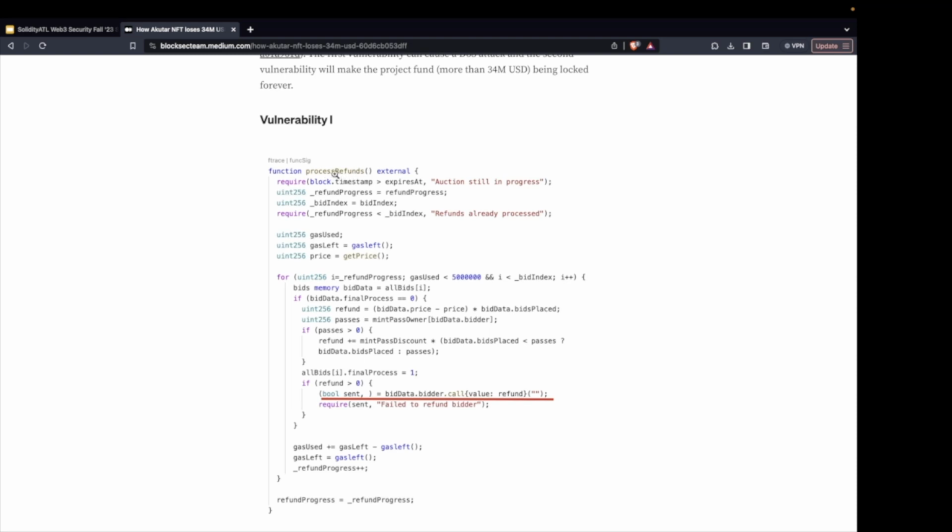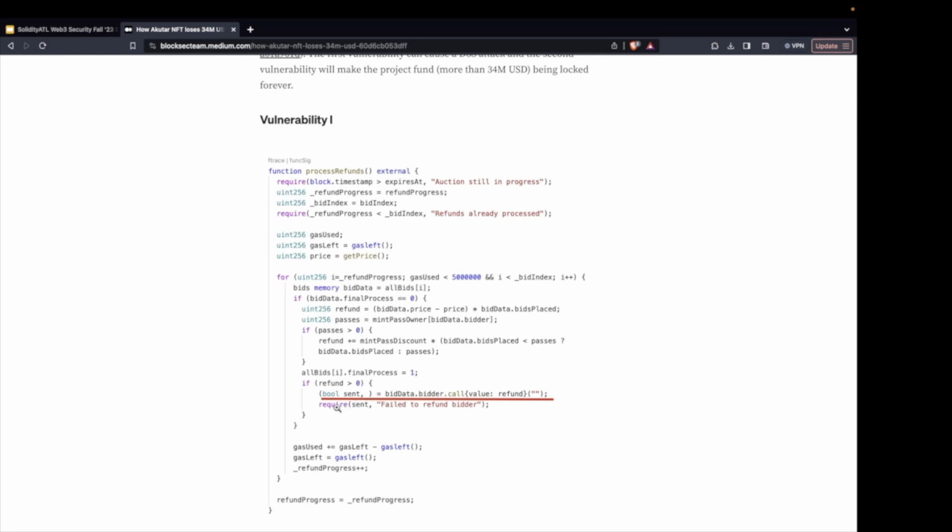So there's a function called process refunds. This is inside of an auction. And notice that there's a for loop going across multiple bids in an auction, meaning that this process refund is doing a bulk transaction to try and process multiple refunds in a single transaction.